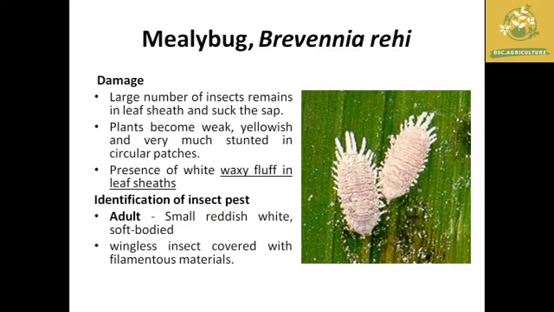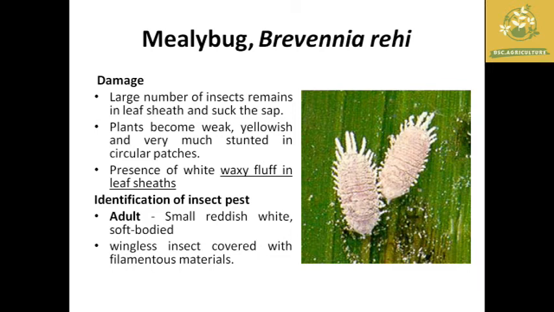And the next one is the mealybug, Brevennia rehi, which is a particular type of mealybug that damages rice. While seeing about the damage, they remain in the leaf sheath and suck the sap, so the plant becomes weak and yellowish. They also cause circular patches of stunted plants.